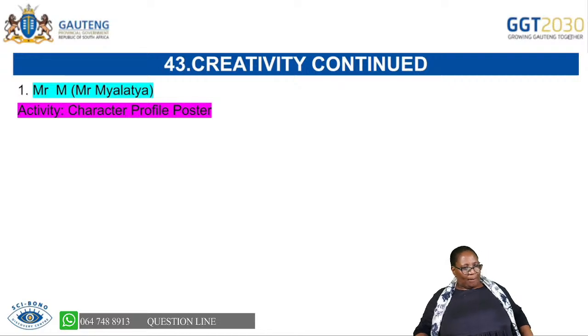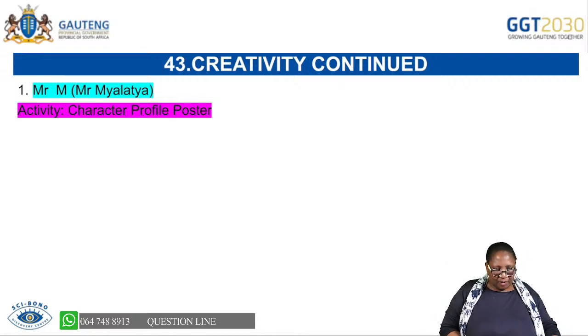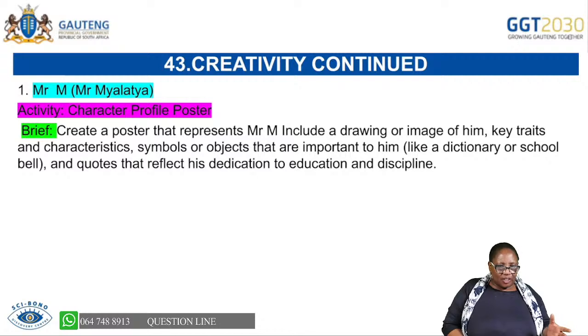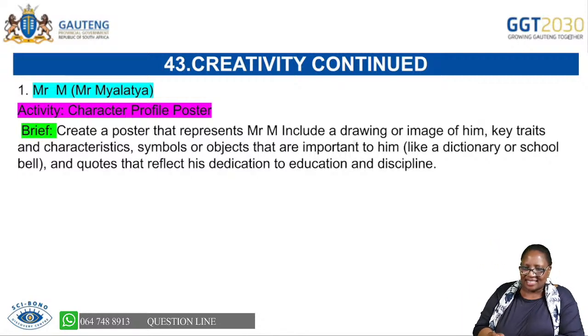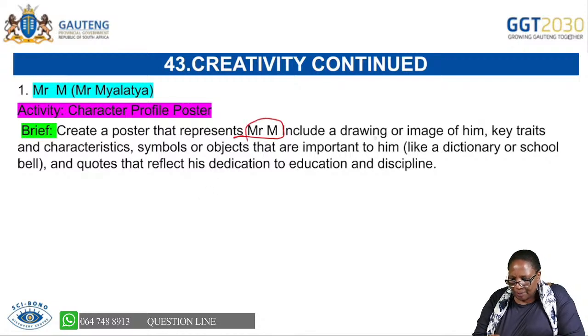Let's look. I'm going to give you a little bit of homework to do. Pretend that you are Mr. M. I want you to create a character profile poster that represents Mr. M. That poster must include a drawing or an image of him.